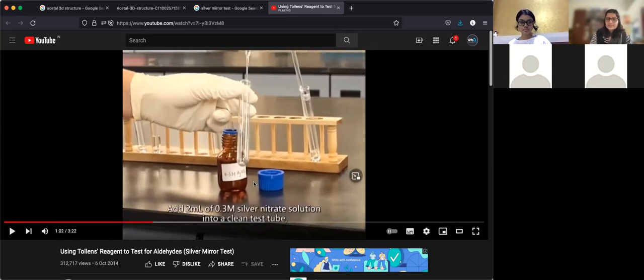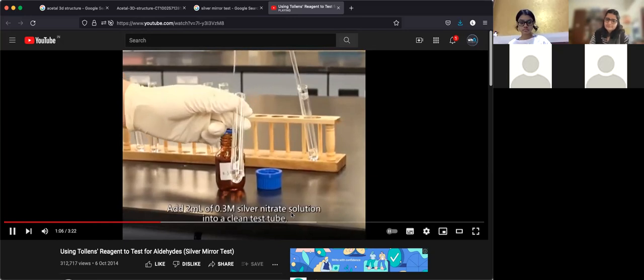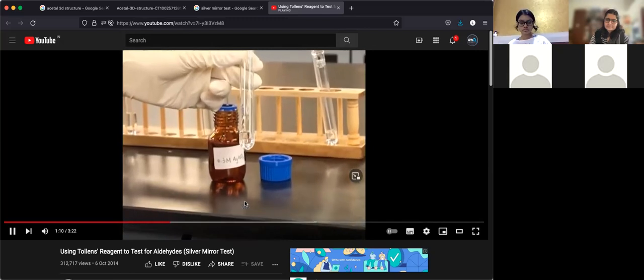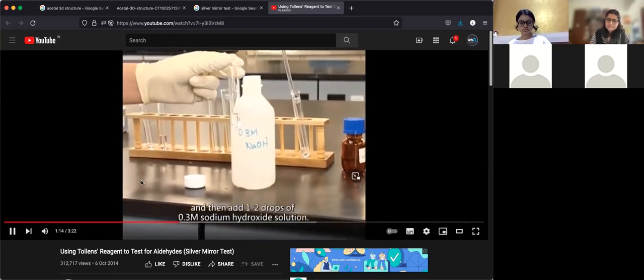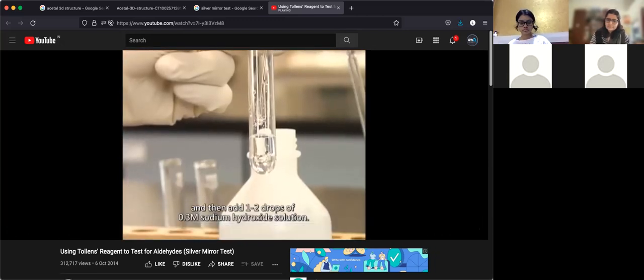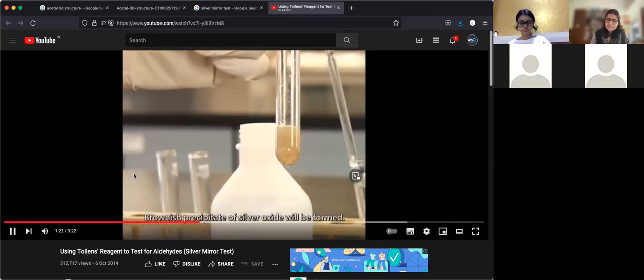So you mix 2 milliliters of 0.3 molar silver nitrate solution into a clean test tube. Then add 1 to 2 drops of 0.3 molar sodium hydroxide solution, for the OH. A brownish precipitate of silver oxide will be formed.